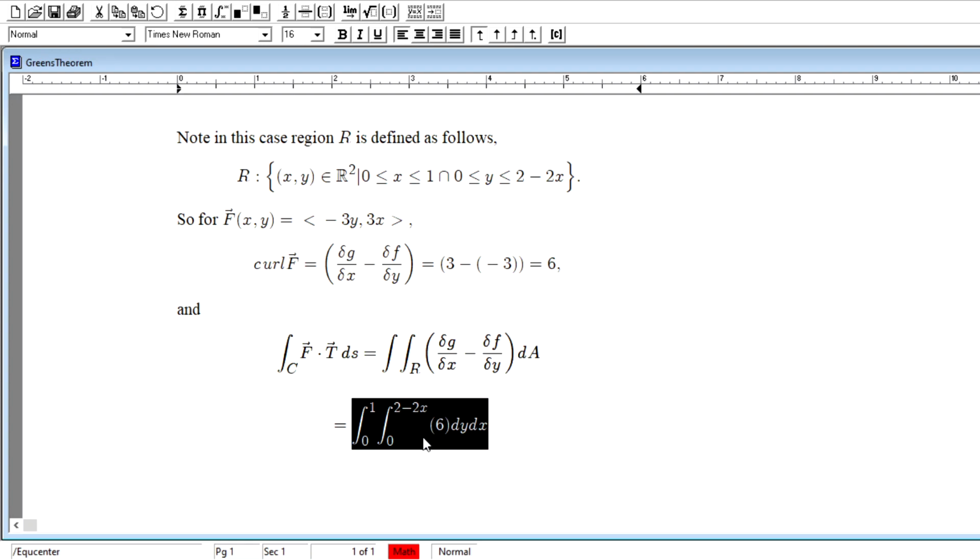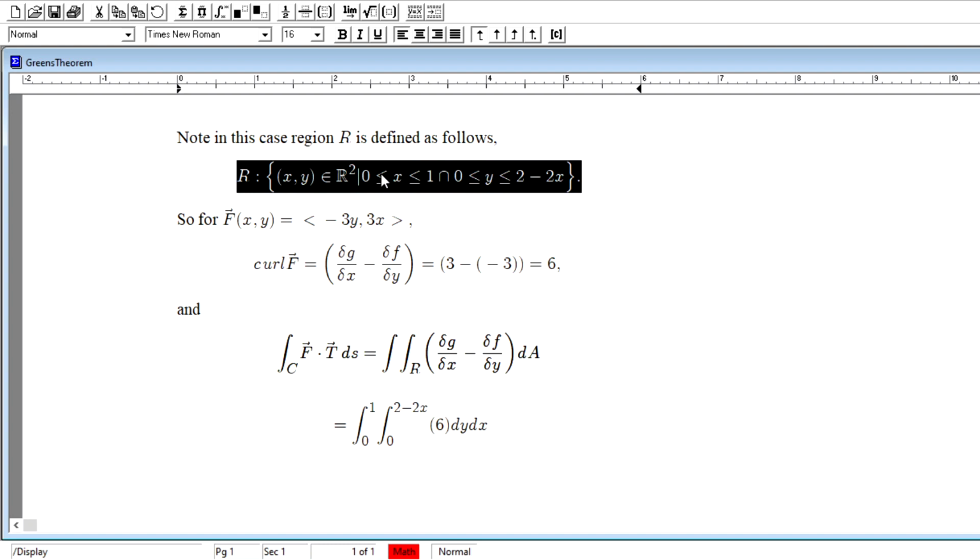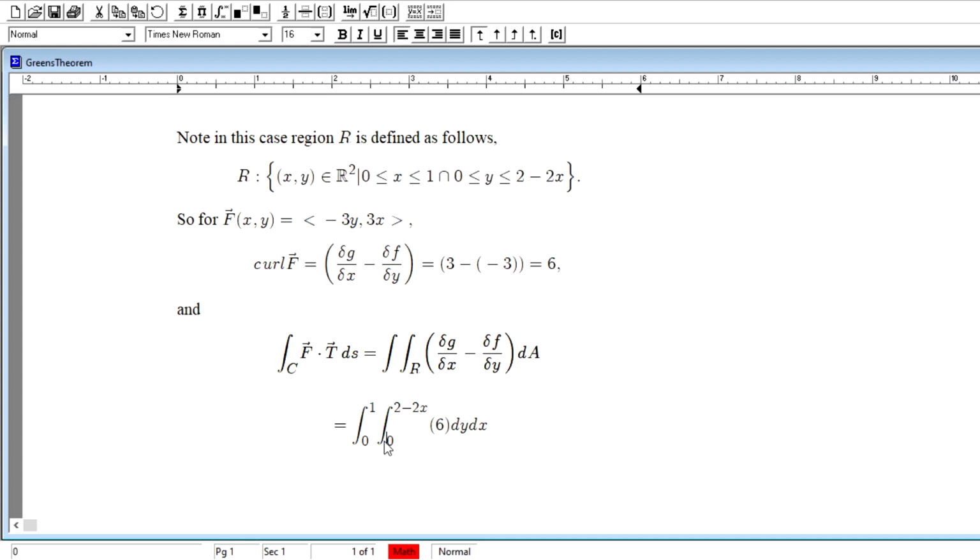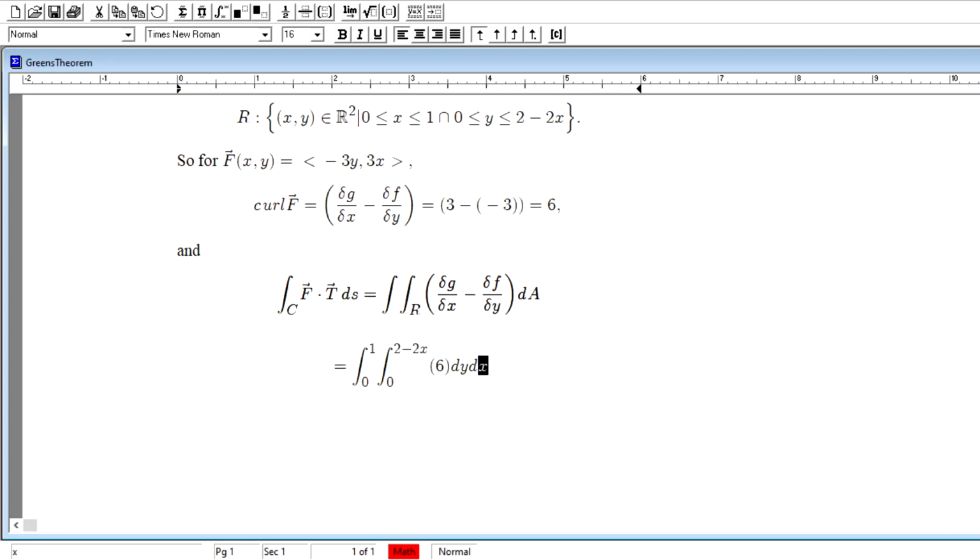It's just a double integral calculation defined by this description for region R in the rectangular space, where the inner integral happens across those functional bounds from 0 to 2 minus 2x with respect to y, and the outer integral happens across those constant bounds from 0 to 1 with respect to the variable x.